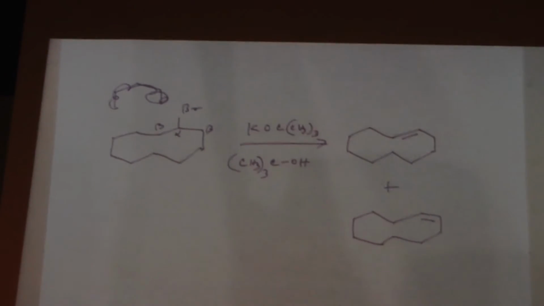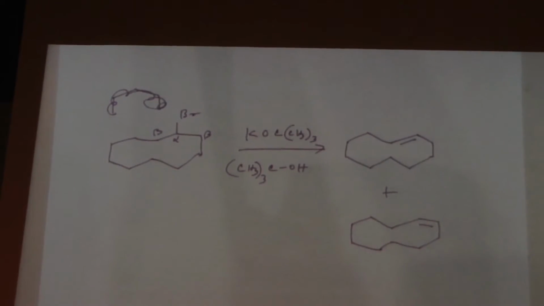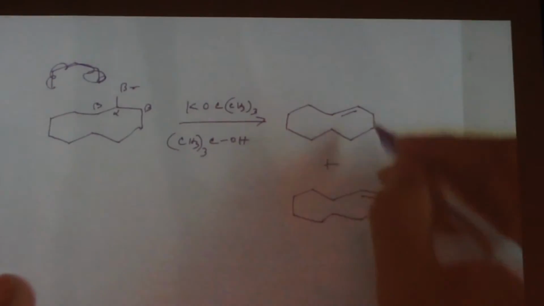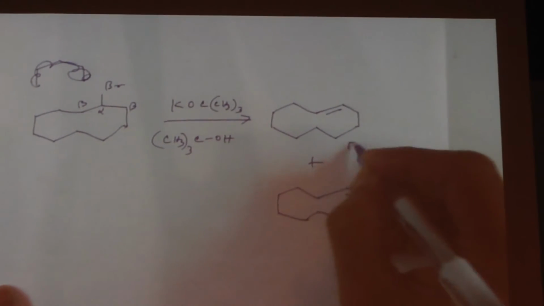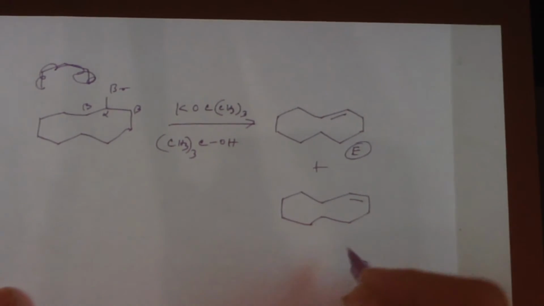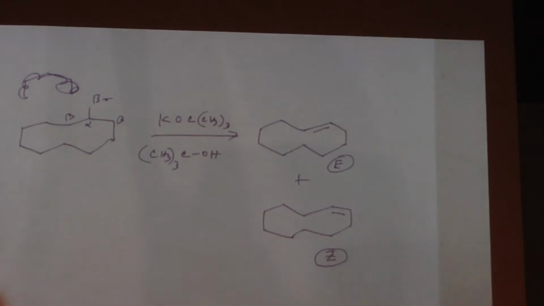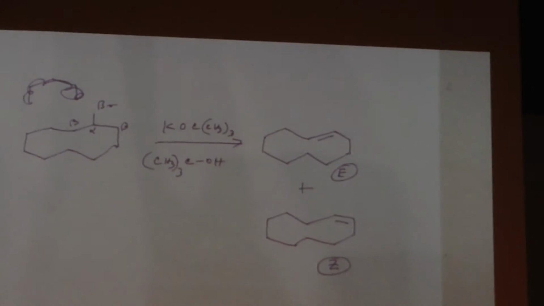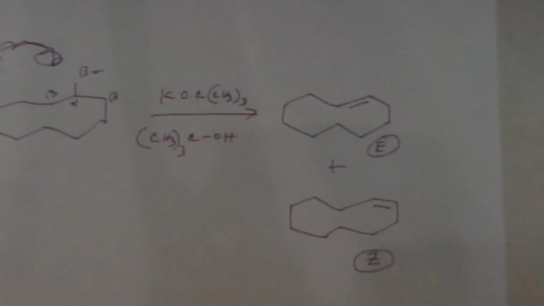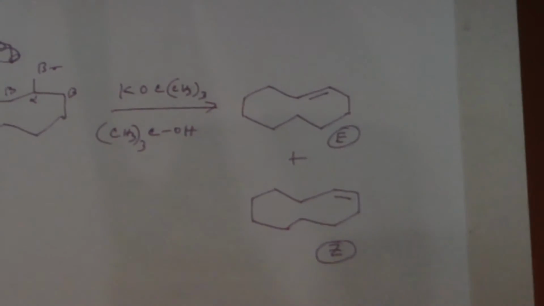And the basic difference between these two compounds is that this one has an E double bond, and this one has a Z double bond. And in a 10-member ring system, as in this case, the Z double bonds are more stable. Okay.